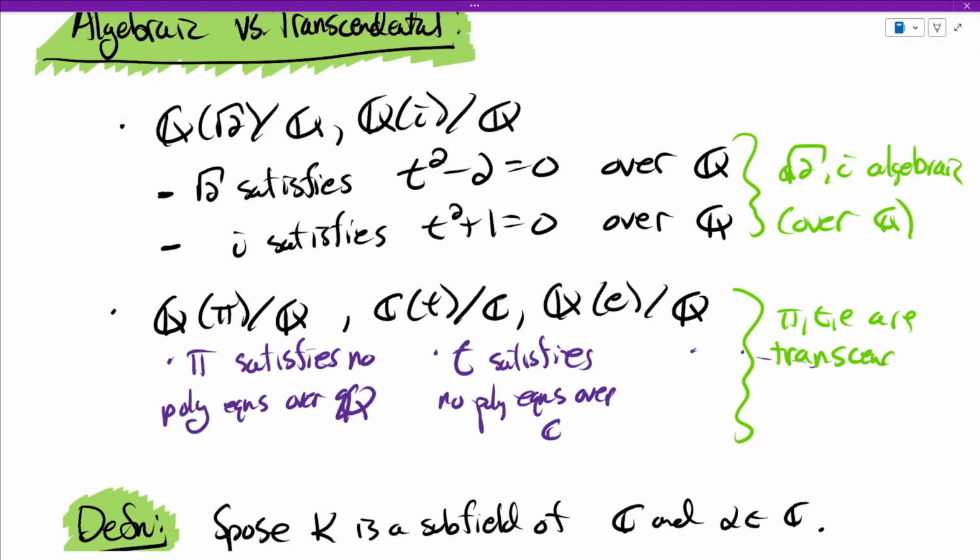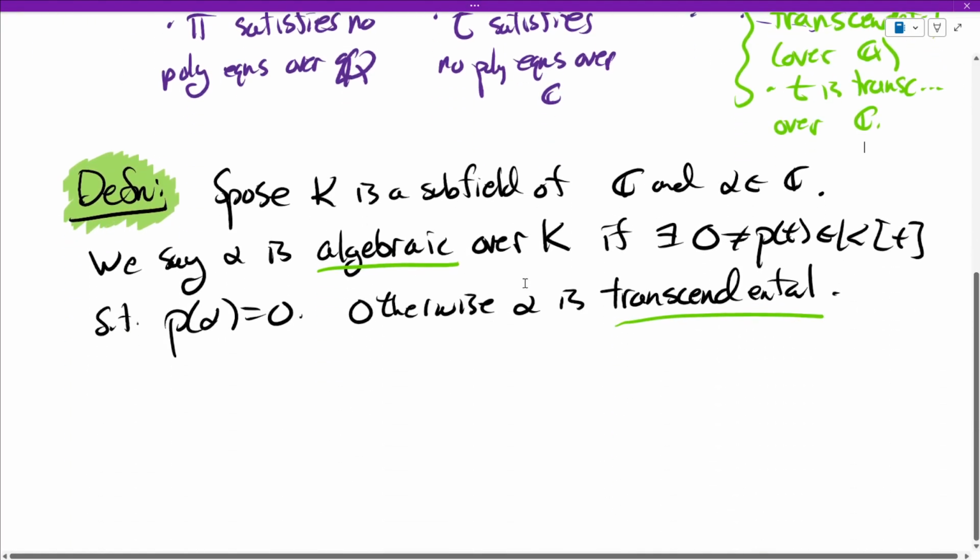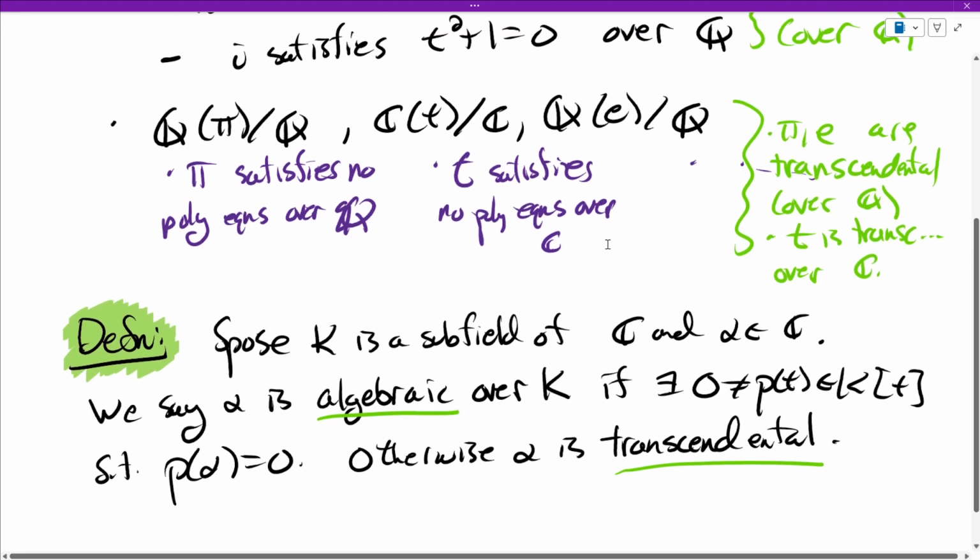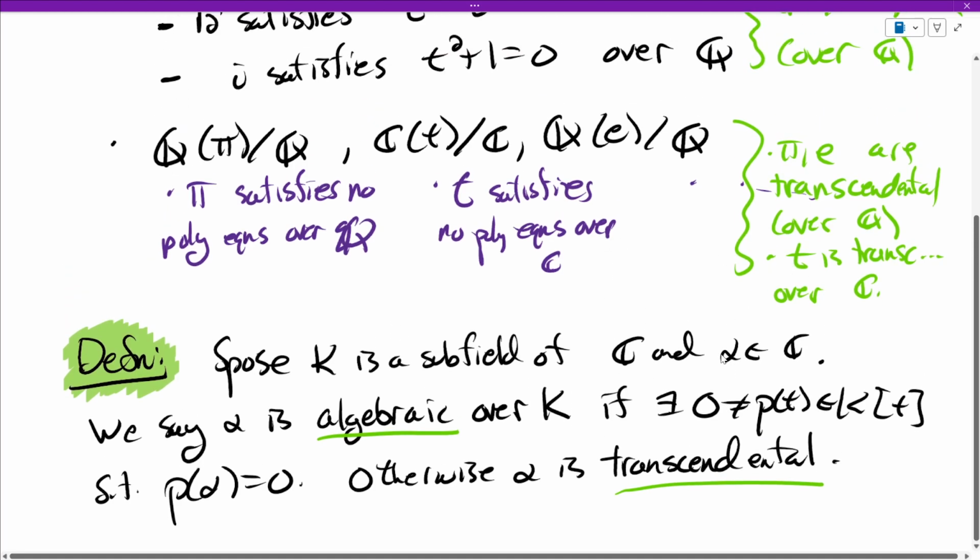Again, over Q is assumed when you say that pi and e are transcendental. But for example, C adjoin t over C is not over Q, it's over C. So let me be clear with the language here: t is transcendental over C. What I just said is kind of conflicting, because I required that alpha be in C, but in general this is still considered a transcendental extension.